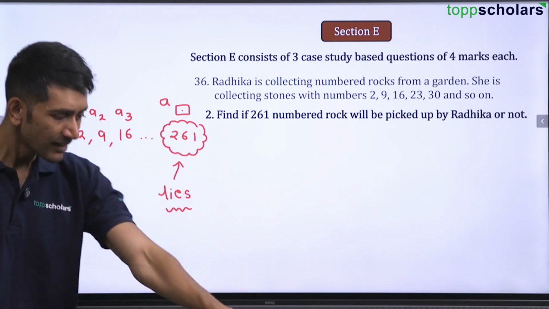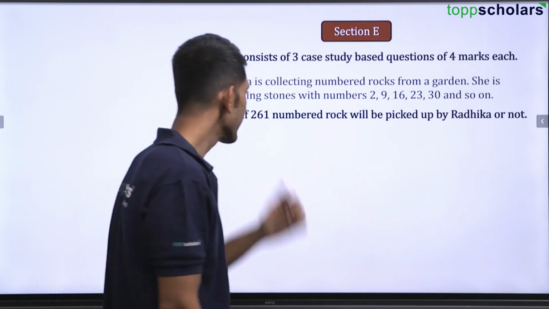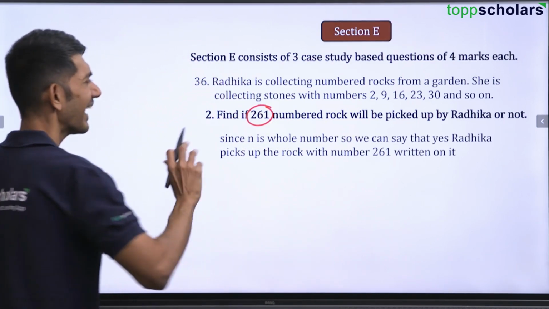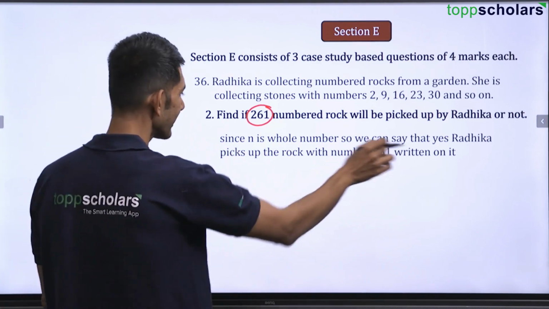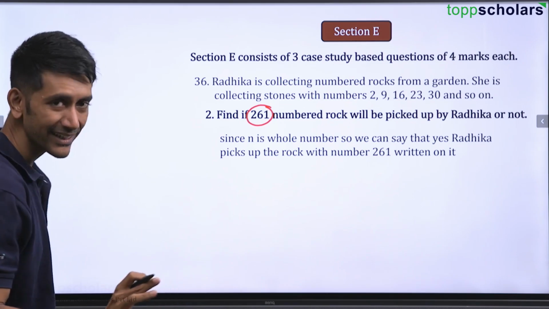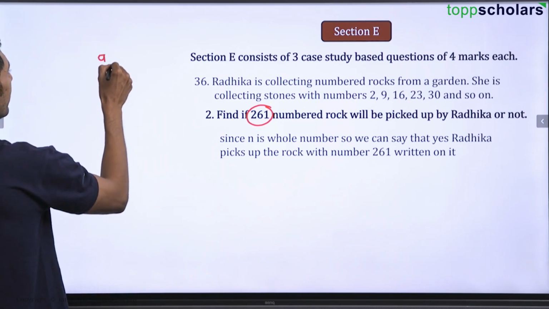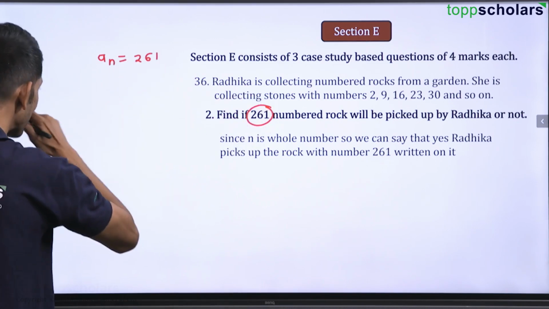So this is some attempt, that is a natural number. So let us do that. We're going to consider this as the nth term. We cannot say it directly, we have to solve it. We consider an is equal to 261 and see whether we are getting a whole number or not.